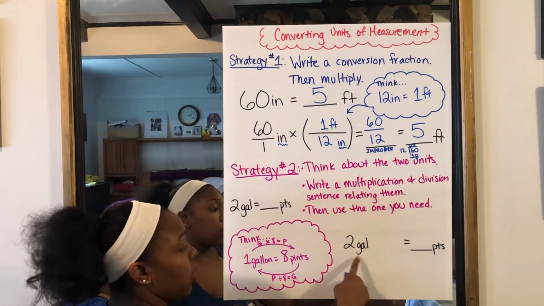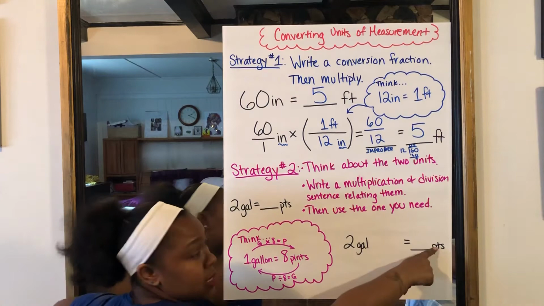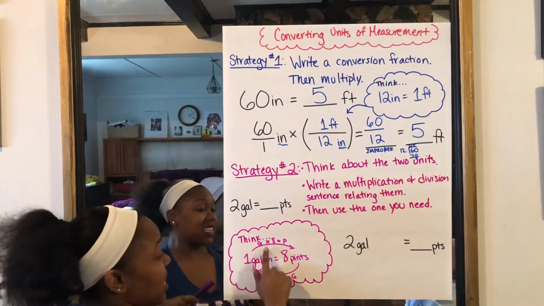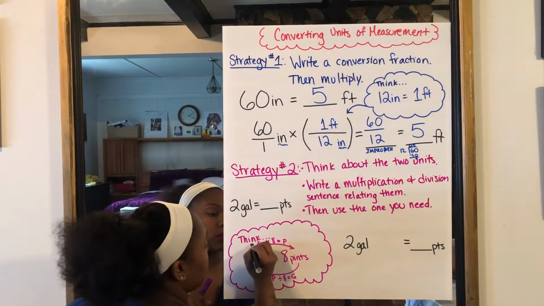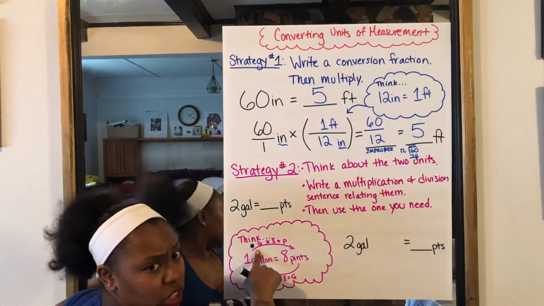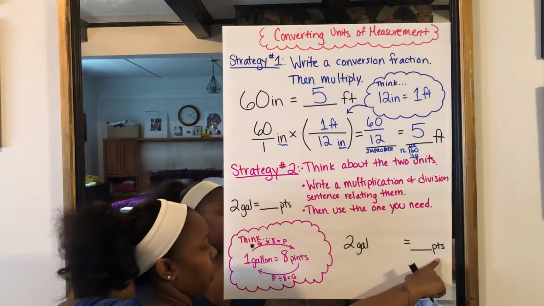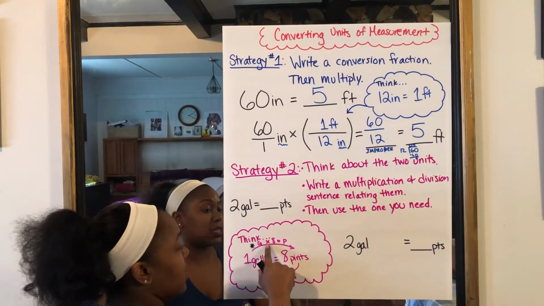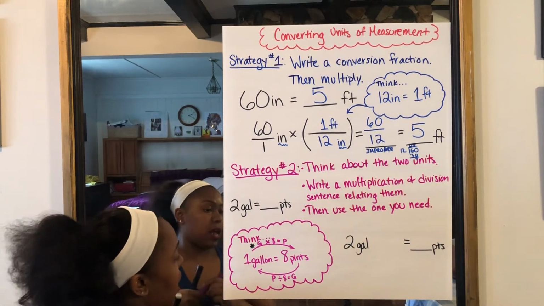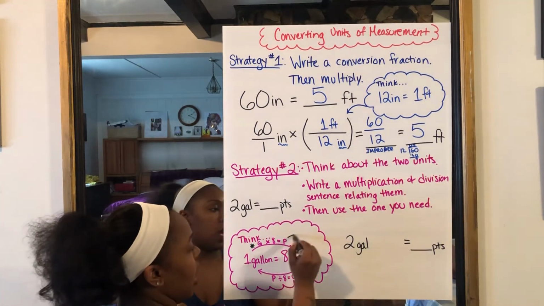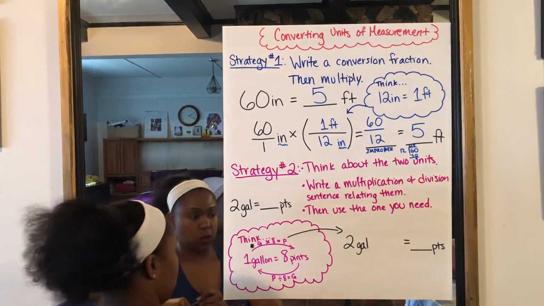Well, here, what are we going? We're going gallons to pints. Well, that's this equation. I'm just going to circle it in another color, and we'll start. So here it says gallons times 8 equals pints. So on the inside, I'm going to take that and transfer it over here because that's the one I'm going to use.